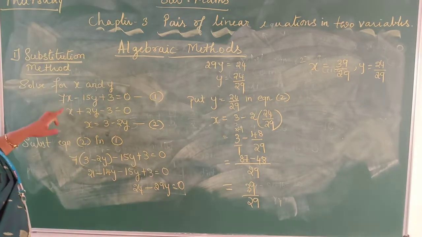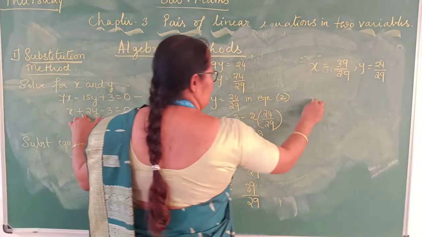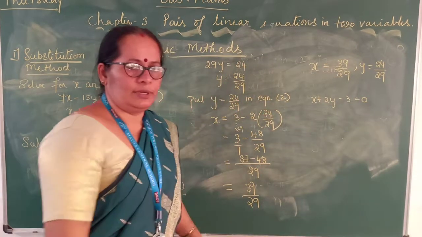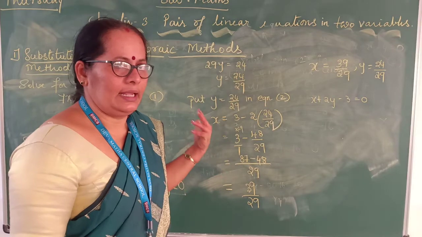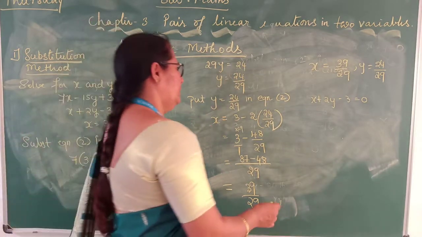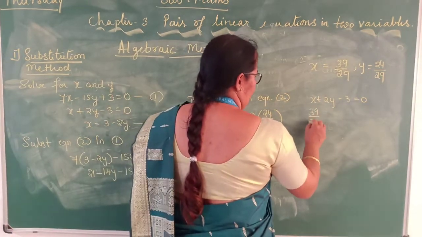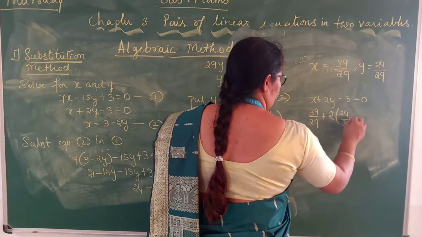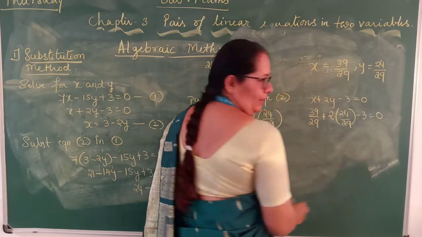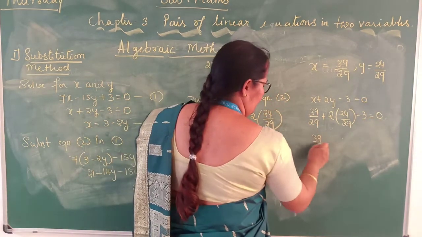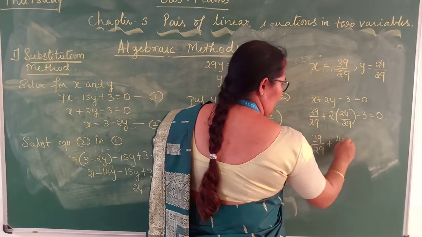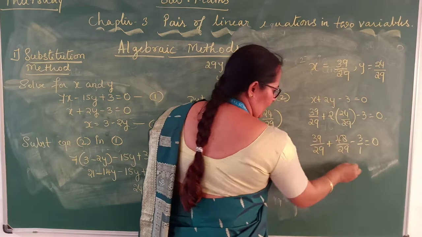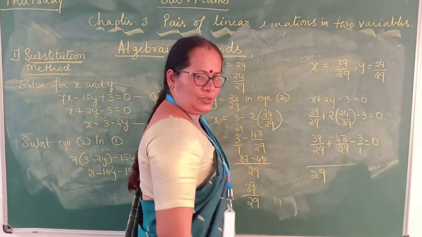Now see here, x plus 2y minus 3 equals 0. I took the second equation; you can substitute in any one of the equations. Now x is 39 by 29 and y is 24 by 29: 39 by 29 plus 48 by 29 minus 3 equals 0. Take LCM, which is 29.